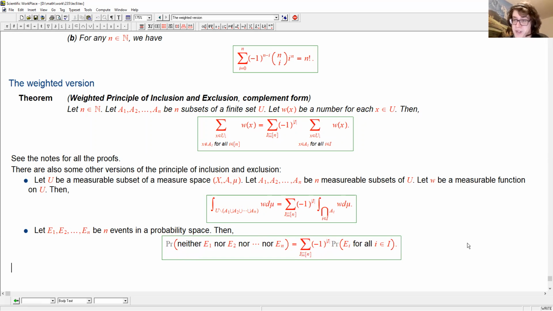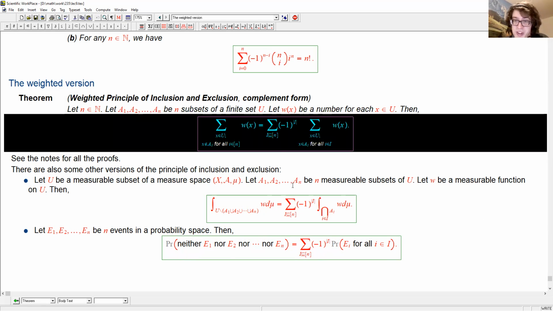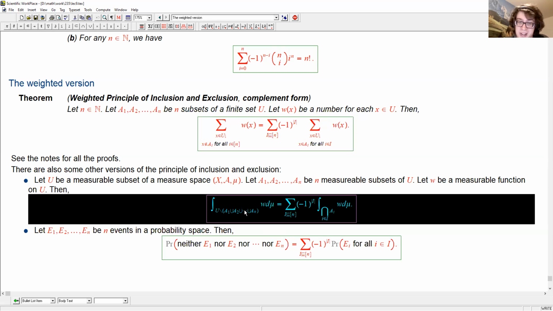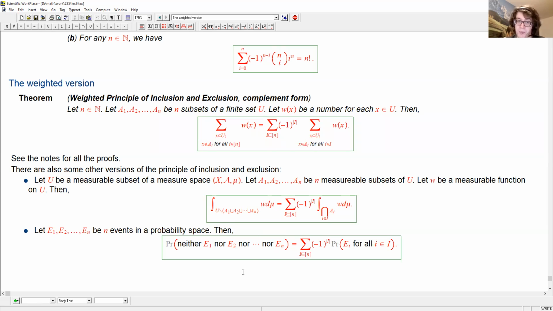In the case when the probability space is finite, this is again a copy of this statement. If it's infinite, this is basically this integral, because this is how probabilities are really defined.